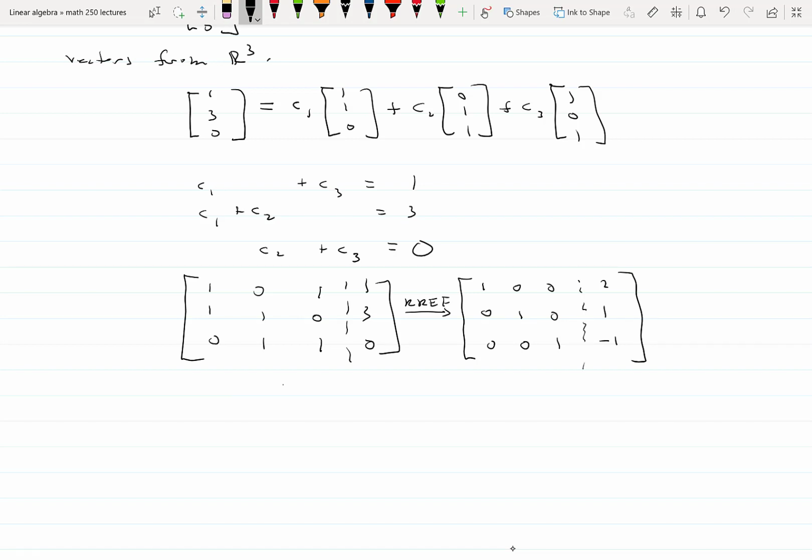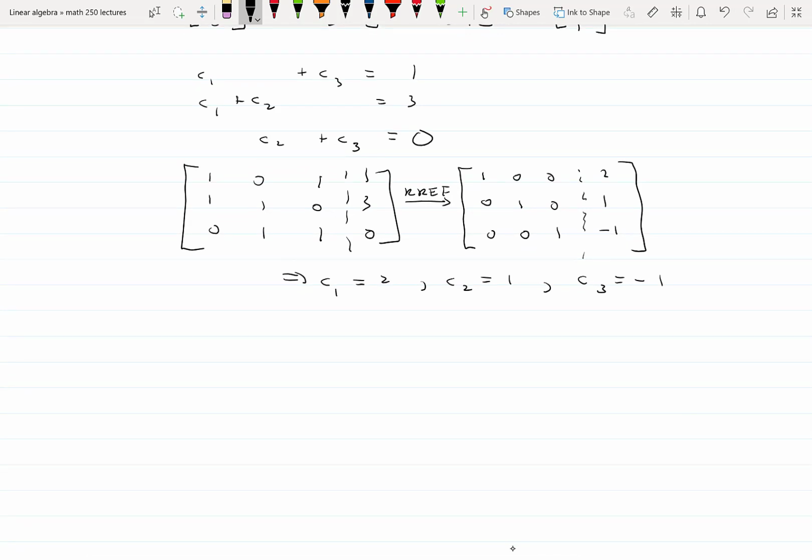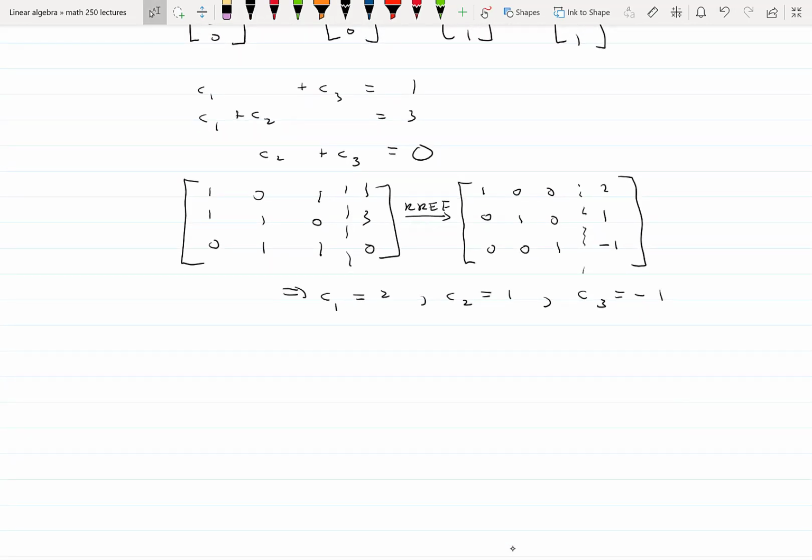That tells us what the constants are: C1 equals 2, C2 equals 1, C3 equals negative 1. All right, so now let's find T of the vector.